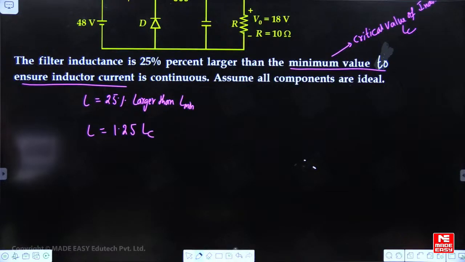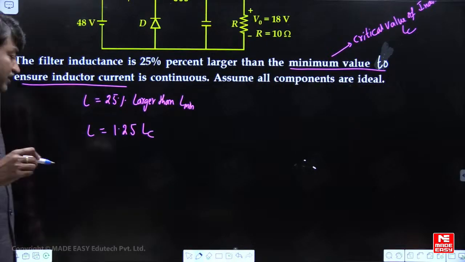What is critical inductance? Critical inductance means it is the minimum value of inductance that is required to make the inductor current at the boundary of continuous conduction. So how do you find the critical value?